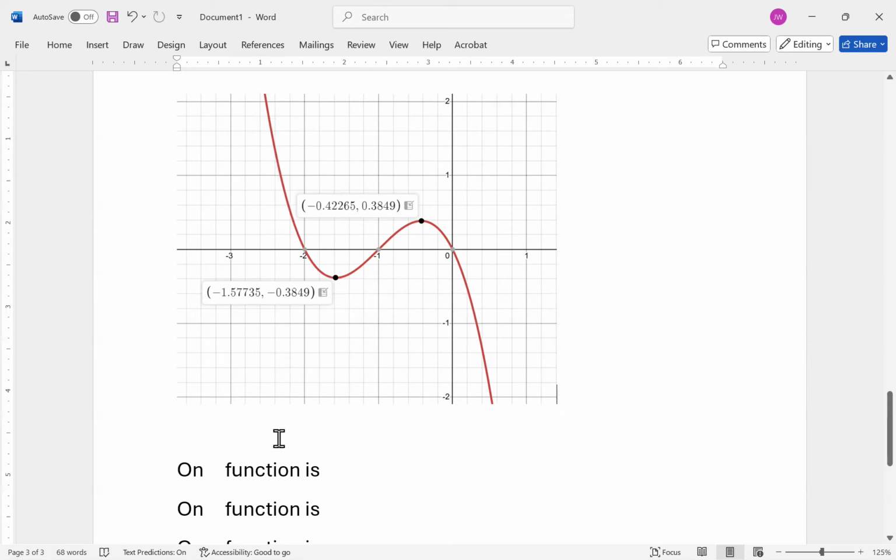Now we're going to utilize the interval notation we've dealt with before. So with interval notation, we can say from -infinity up to -1.57735, our function is decreasing.